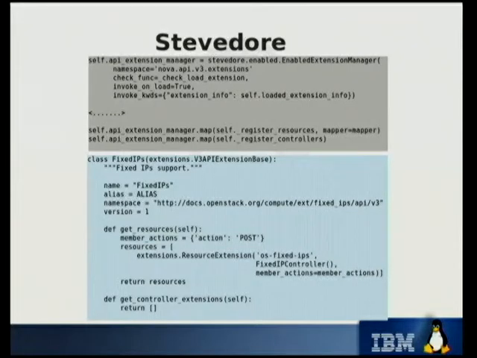And then to operate on the extensions, for example to look for what resources and what controllers to load, it's as simple as doing this extension manager.map, and it just operates on all the extensions which are loaded. It's really cleaned the code up for us. And then in terms of the extension itself, it's just a matter of defining some basic information such as the name of the extension, an alias for it, some namespace, a version, and then a couple of functions which define how to extend the WSGI, which we use for Nova.